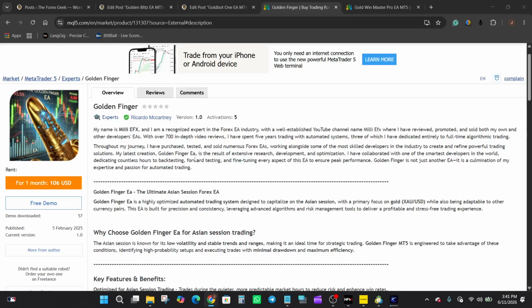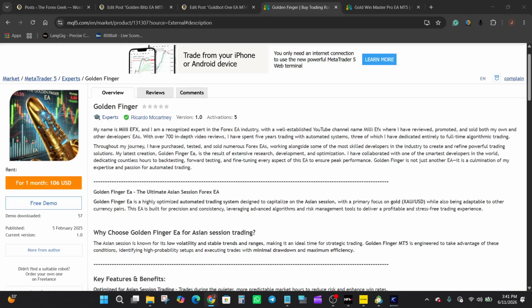Alright, so now starting with this EA, I am looking at the Golden Finger EA on the MQL5 marketplace developed by Ricardo McCartney, currently priced as a rental at $106 per month.